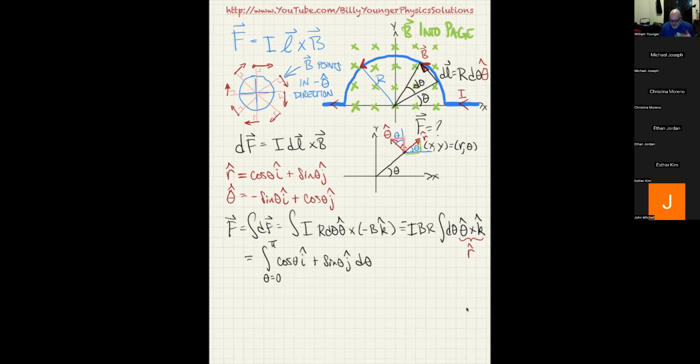And remember, I hats and j hats just get to come out in front and never have to play any calculus role when you're doing, oops, I meant to take the eraser and I grabbed the pen. When you're doing integrals and derivatives, the I hat and j hat are actual constant vectors.